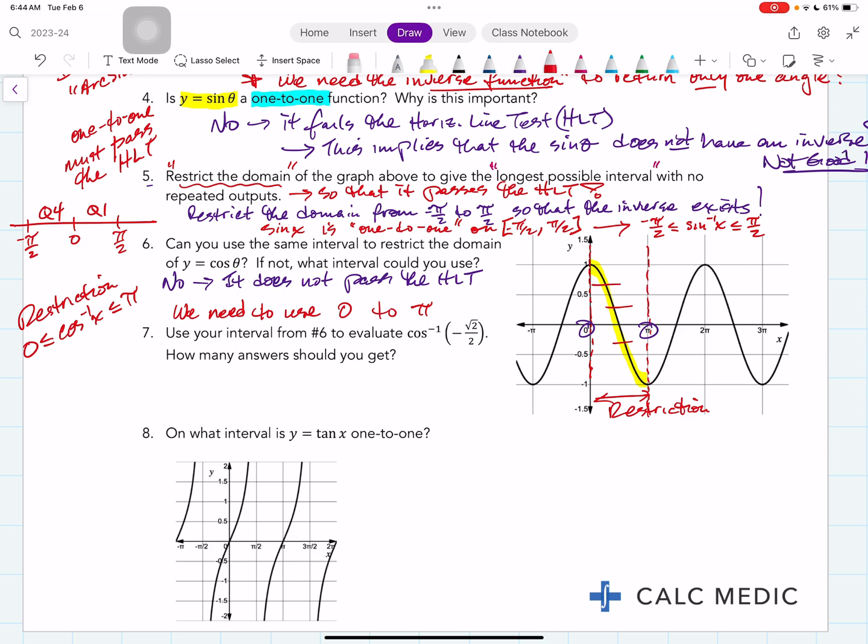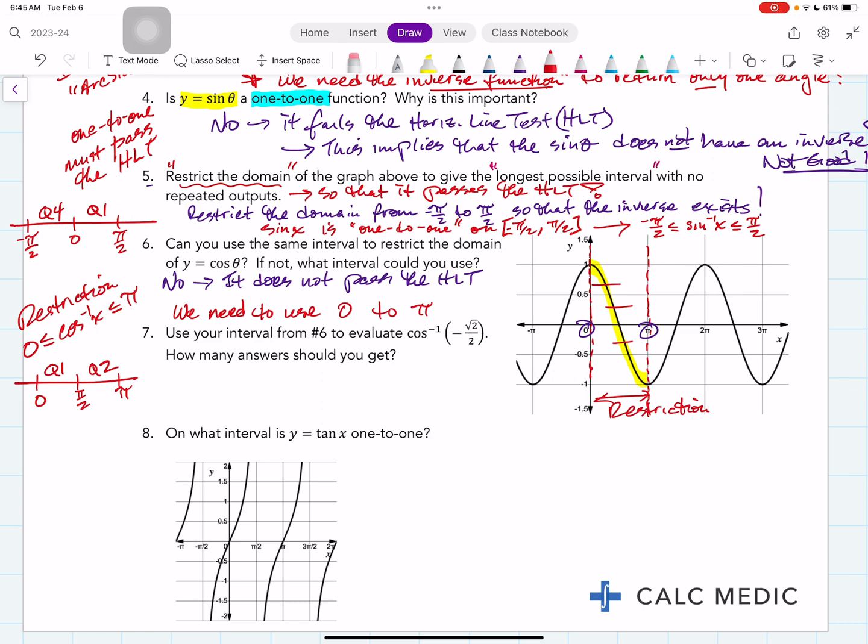If you draw a little number diagram here, here's 0, here's pi halves, and here's pi. Between 0 and pi halves is quadrant 1, and between pi halves and pi is quadrant 2. So when you take the inverse cosine of some ratio, it's either going to give you an angle in quadrant 1 or 2.